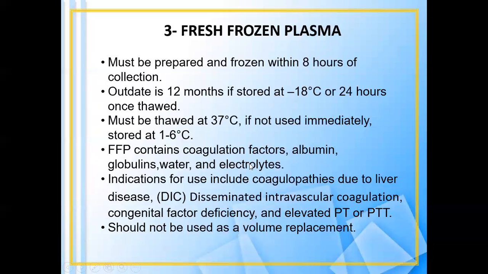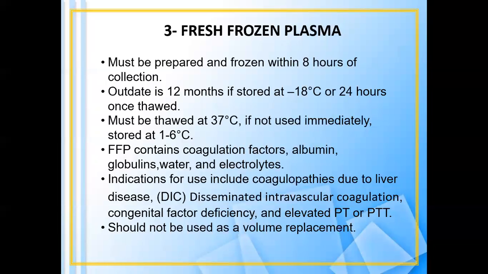The fresh frozen plasma may contain the coagulation factors, albumin, globulins, water, and electrolytes. Whatever is present in the blood will be saved at this moment because it will be frozen and saved for 1 year.